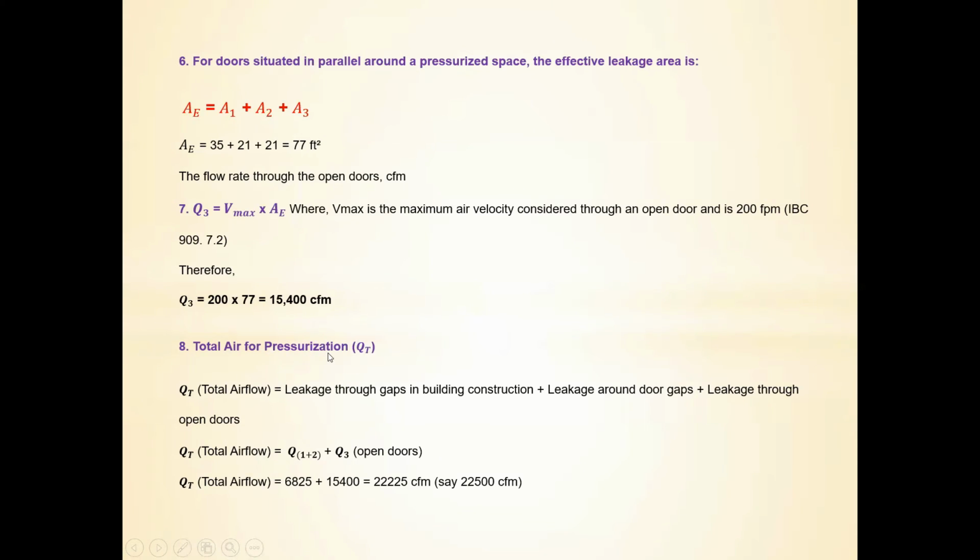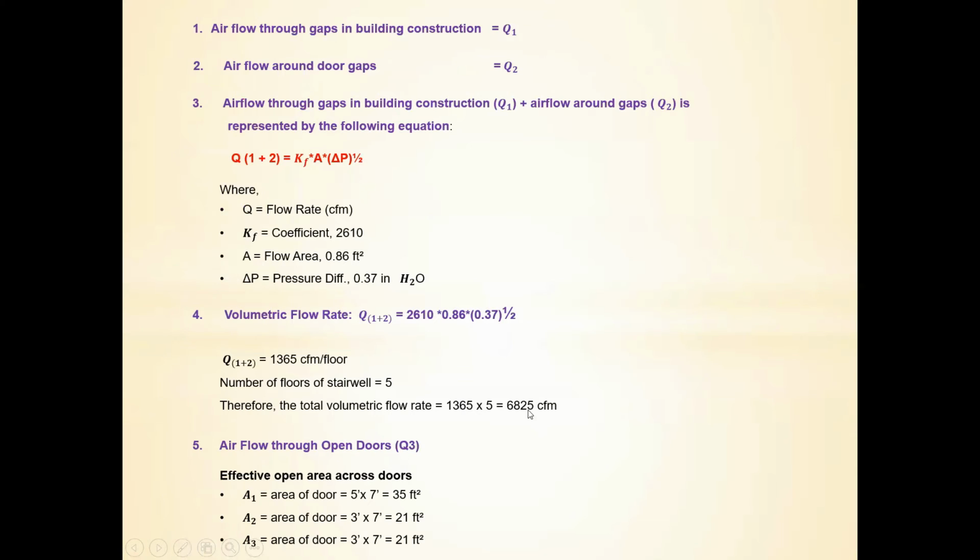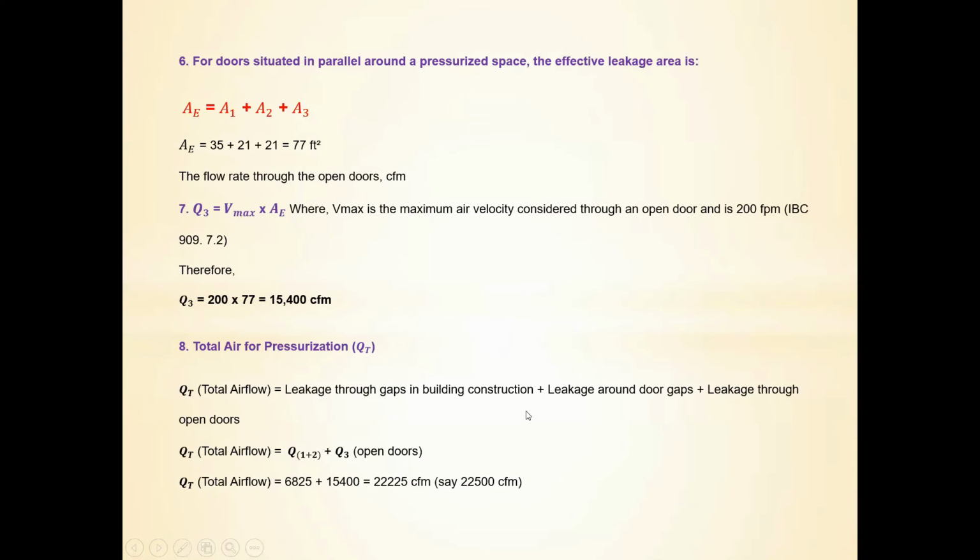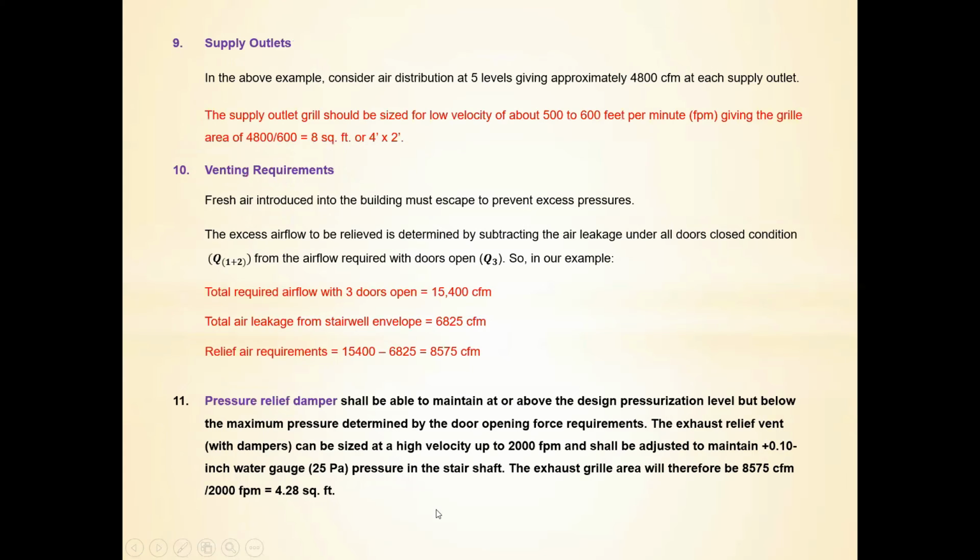So total airflow pressurization is Q total, which is the leakage to the gaps in the building construction, leakage to the door and window gaps, plus leakage to the open doors. So that becomes 6825 plus leakage to the open doors 15,400, that is 22,225, say 22,500 CFM. And how do we calculate the supply outlets?